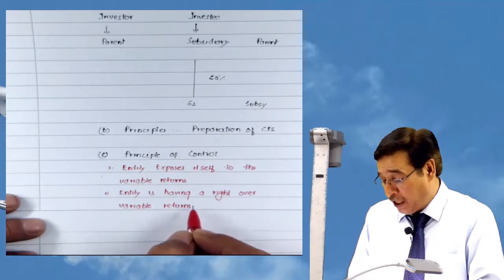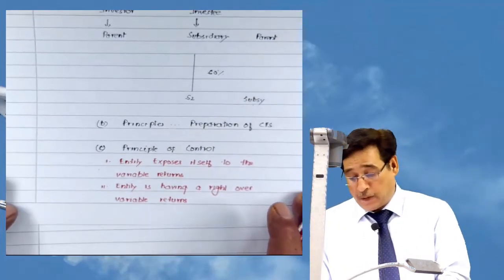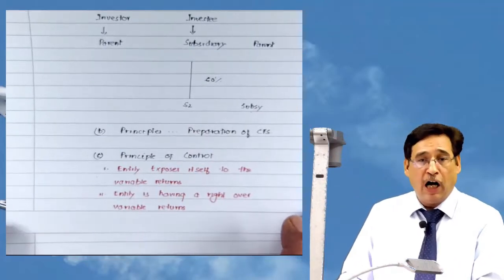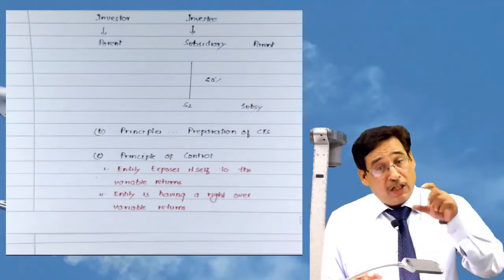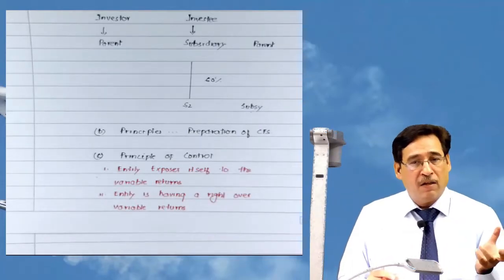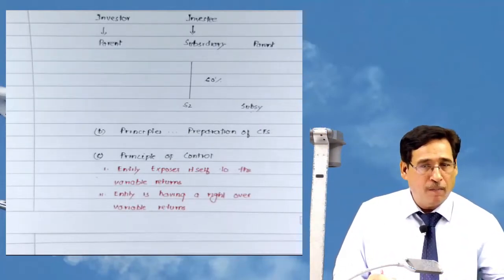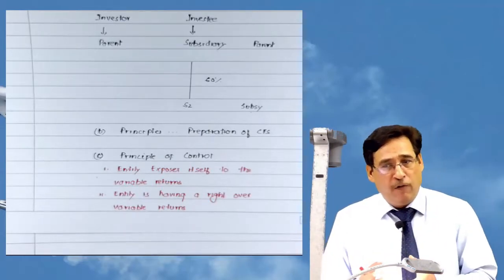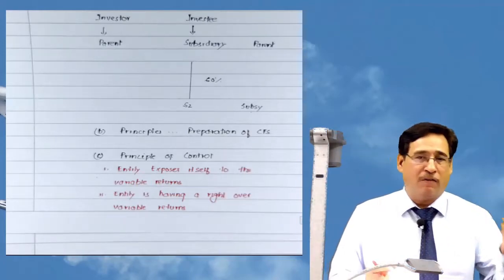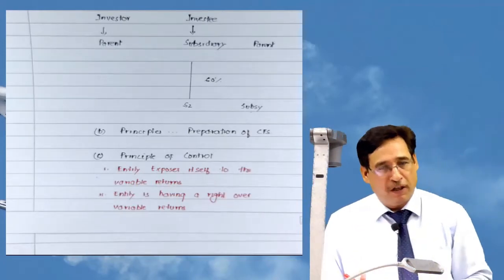But the point here is that the entity is exposing, or the entity is having a right. How will this exposure and right flow to the entity because of its involvement in the investee? And how has the involvement taken place? Because we have invested some amount in the investee.